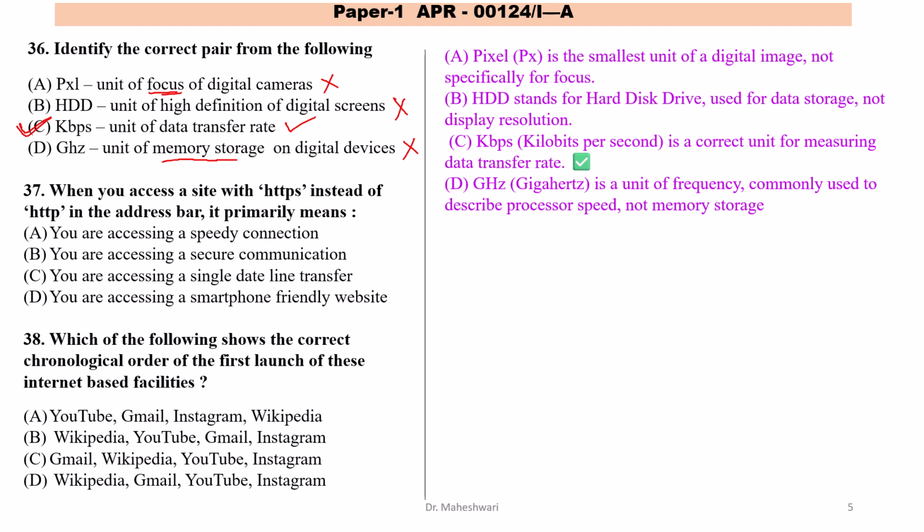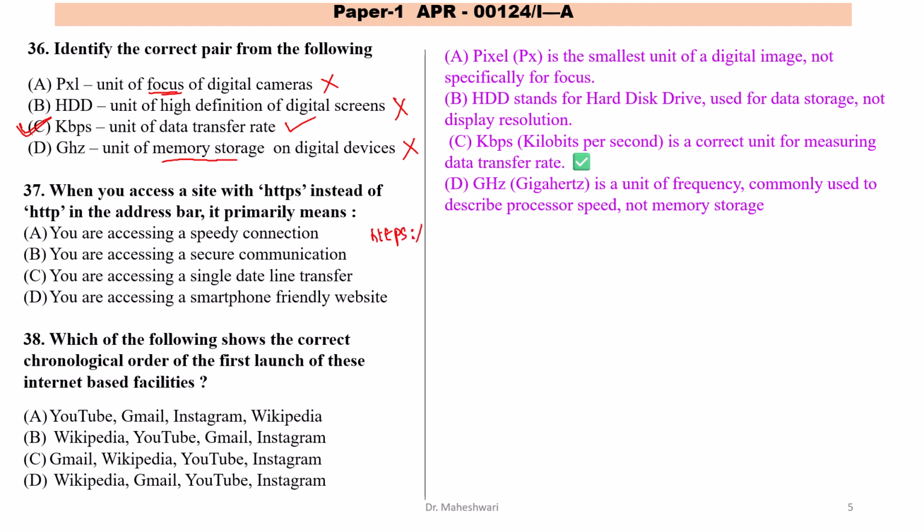Now the next question is, when you access a site with HTTPS instead of HTTP in the address bar, it primarily means what? See, whenever we try to search the sites, you will find that it is written HTTPS colon, correct?